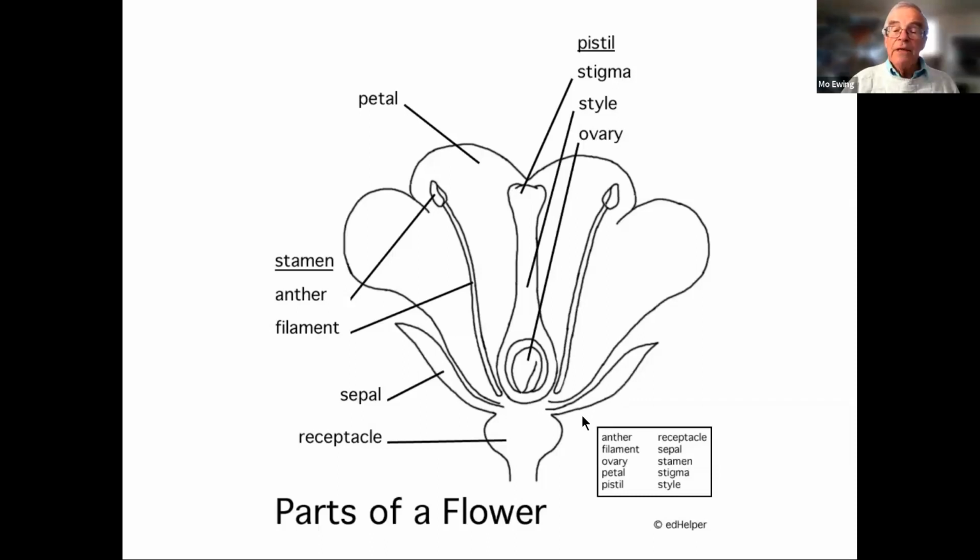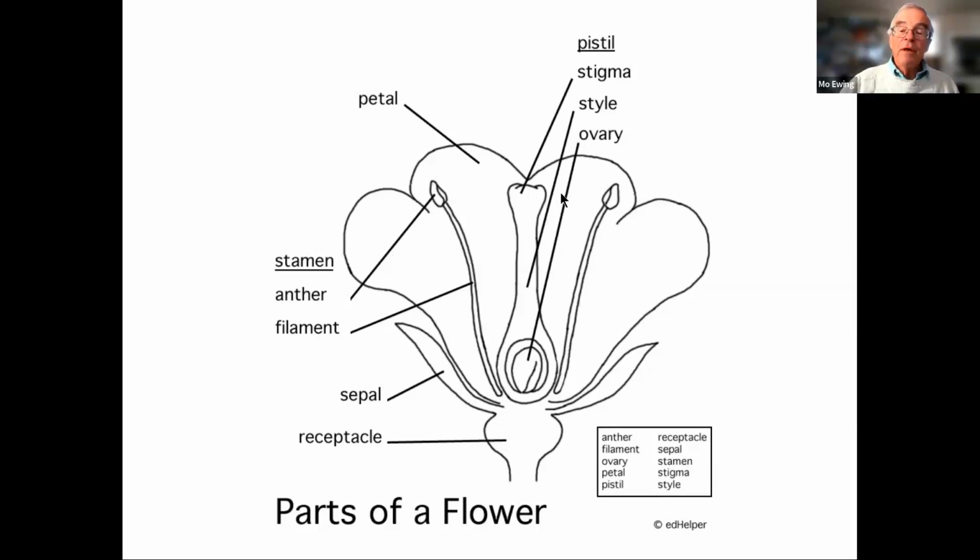And these are leaf-like things that cover the bud when the plant is in bud. They kind of look a little bit like little leaves. Then above that, you have the petals. And basically petals are just modified leaves that are designed to attract pollinators. So they're generally very colorful.